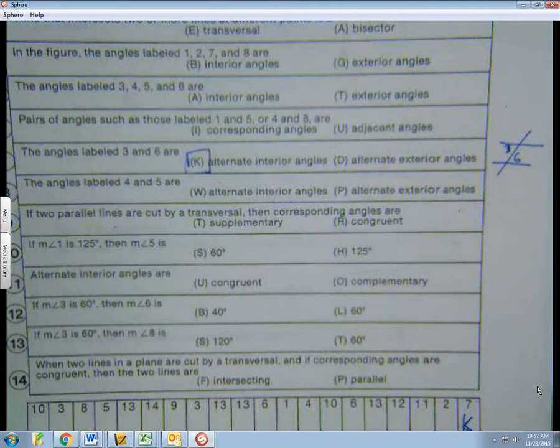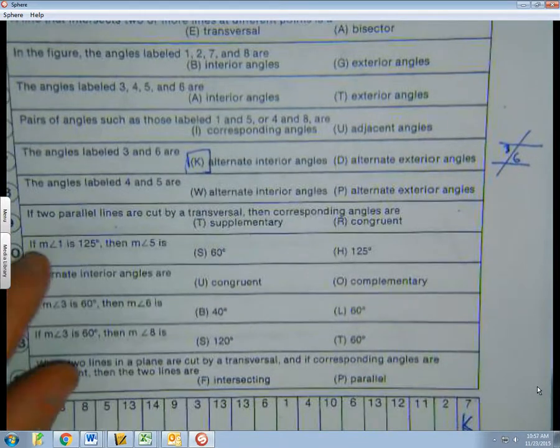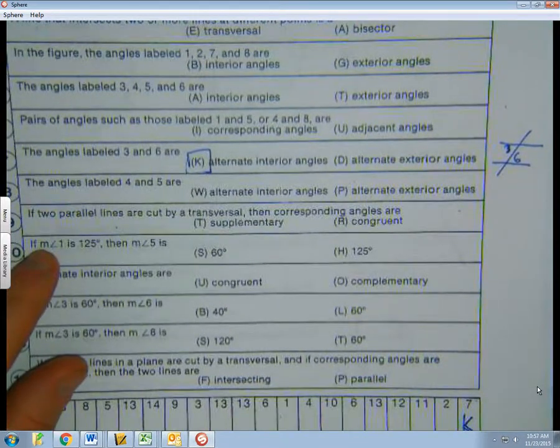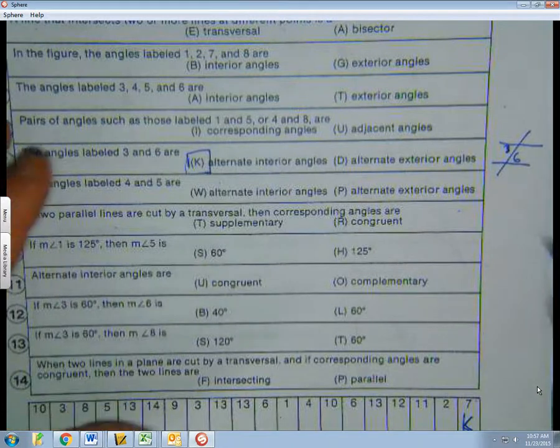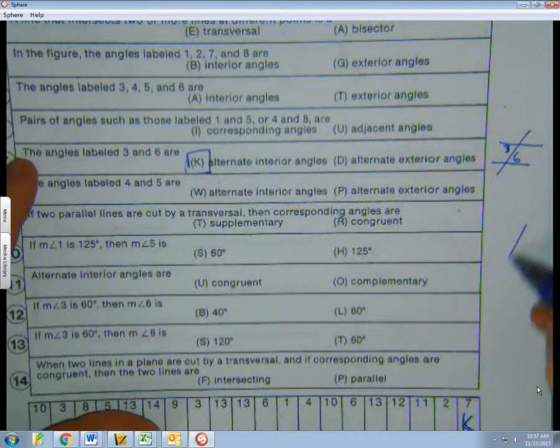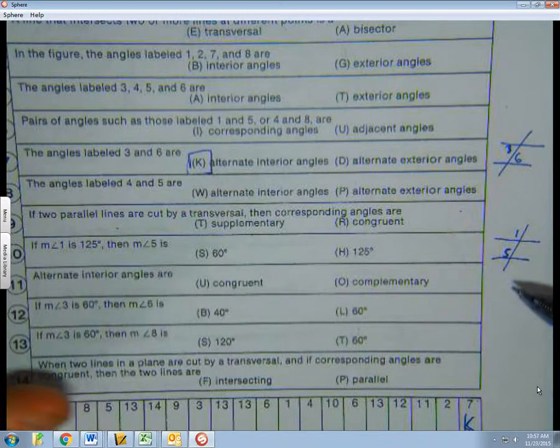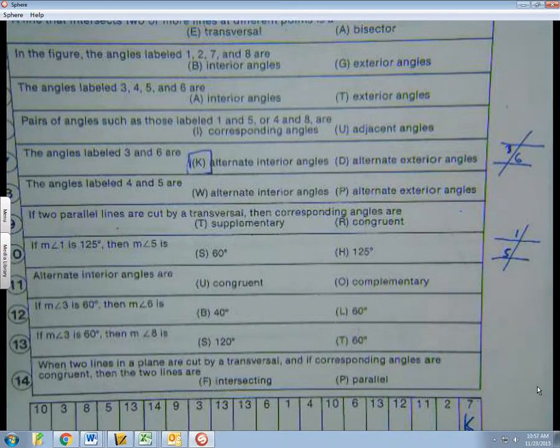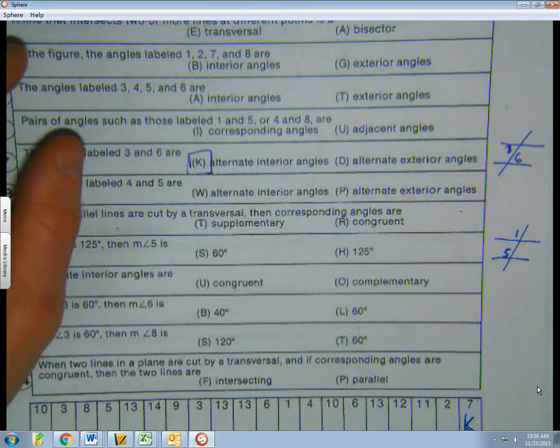Another one that I'll do, if 1 is 125, then what's 5? And we haven't really gotten into the properties, but we can start chipping away at them. 1's here, 5's here. And when you have these lines, and assuming they're parallel, which it says that they are up here, so these lines are parallel.